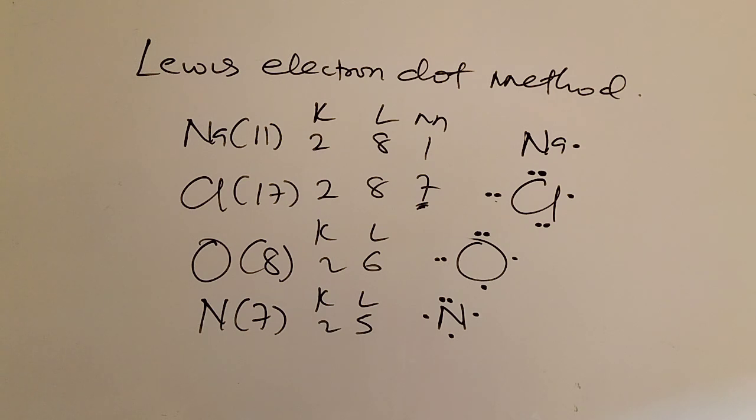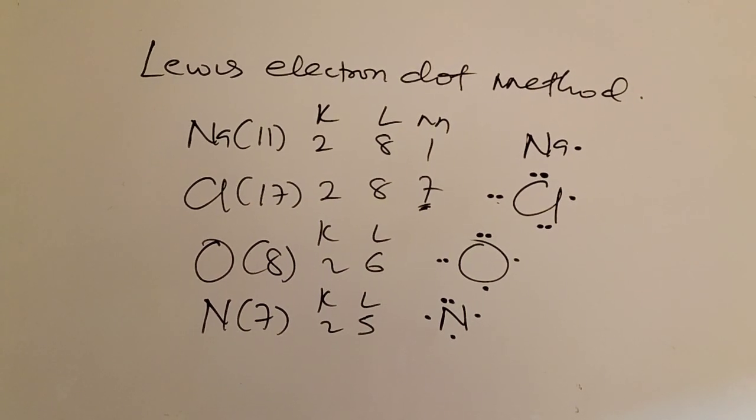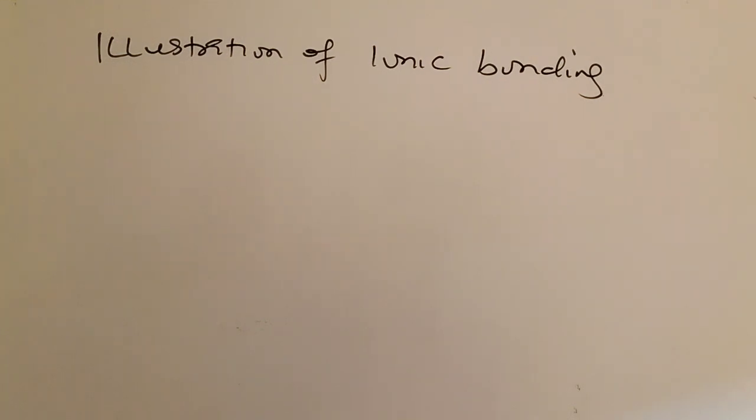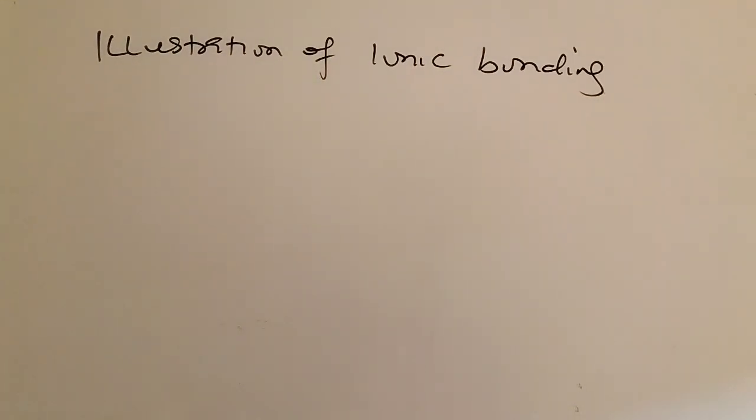So that is the concept we will apply to illustrate bonding, the Lewis electron dot method. So having done that, we switch back to illustration of ionic bonding.